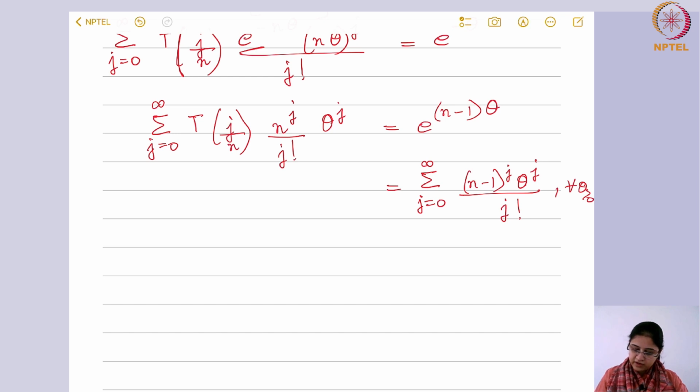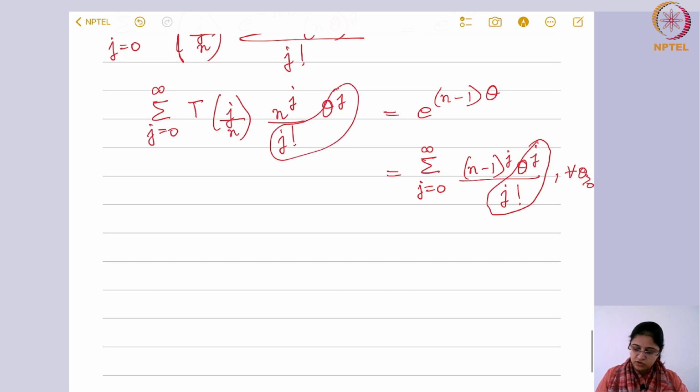So here also you have theta to the j over j factorial, and on this side also, so we can simply compare the terms on both sides.